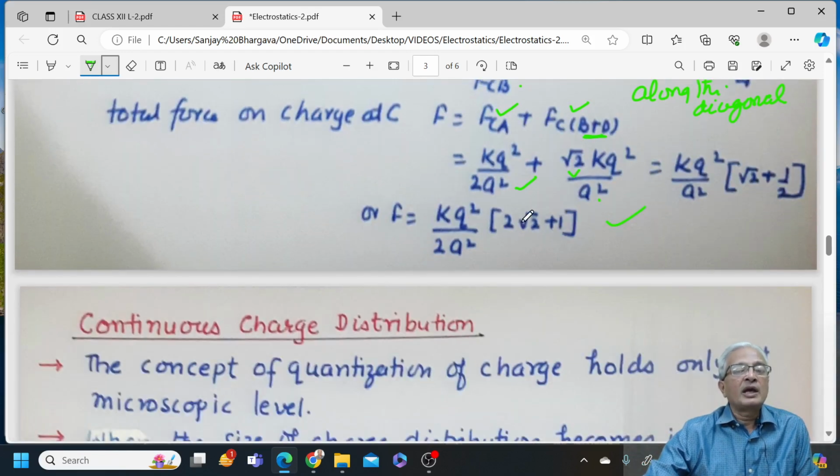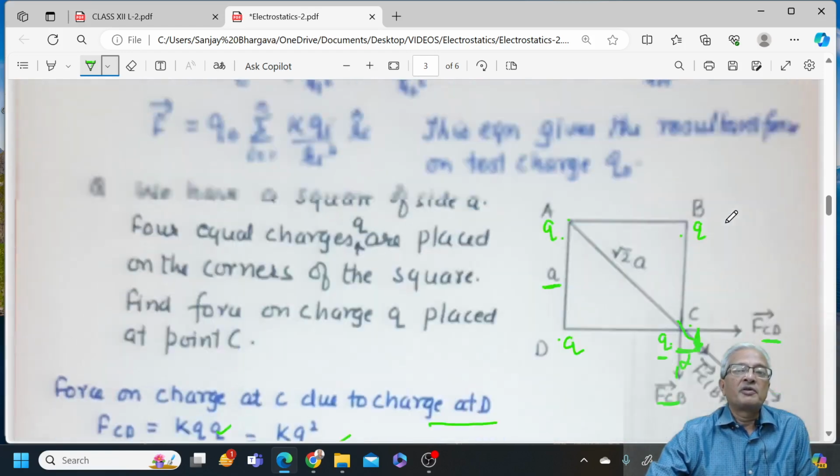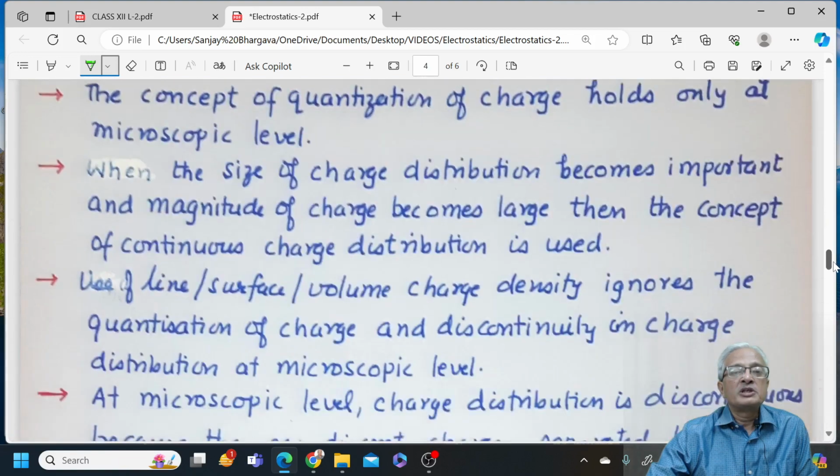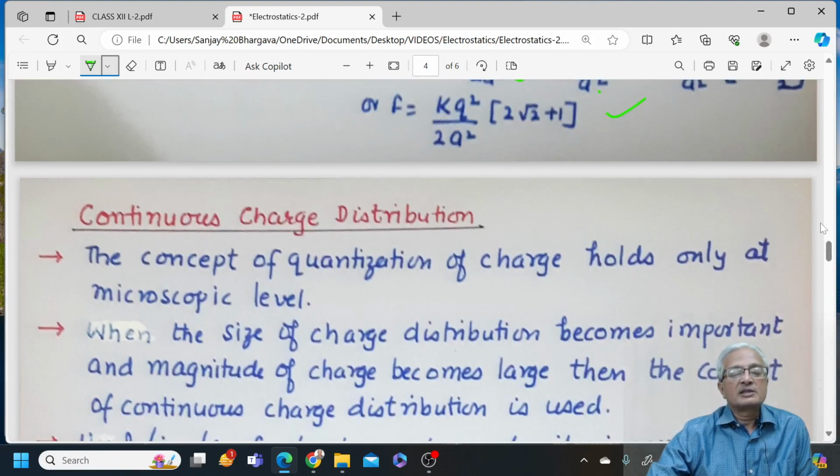So that is how we calculate the magnitude of the resultant force and the direction of the resultant force. The direction of the resultant force is along the diagonal, that is from, I can say, figure from A to C. That is how the superposition principle works.